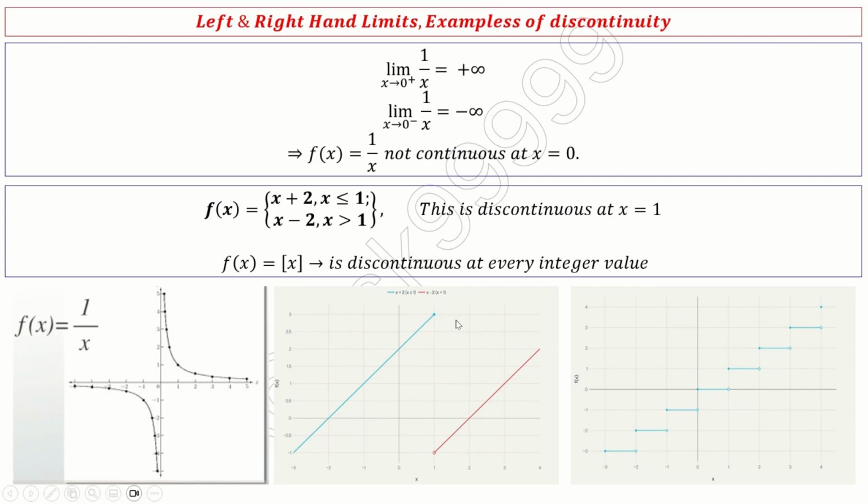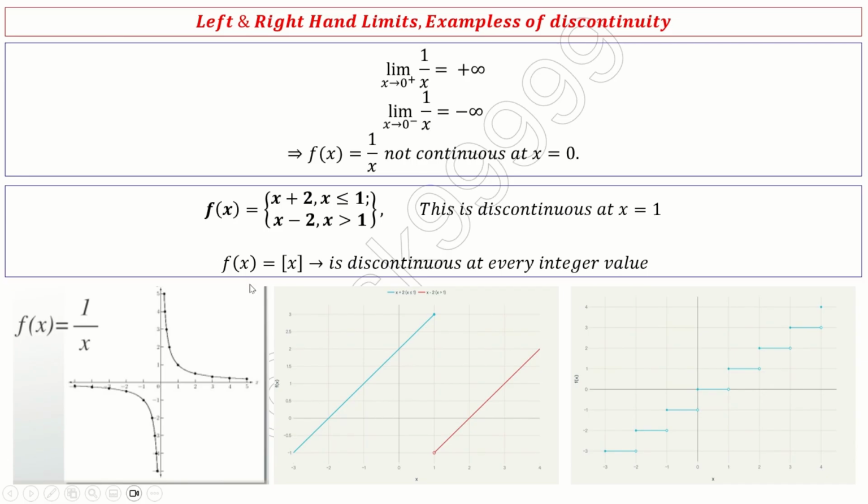Both individually are continuous, but if this is a single function defined like this, then at 1 there is a big jump. The line is like this, then there is a jump here, and then you draw the other line, correct? So this is discontinuous at x equal to 1.